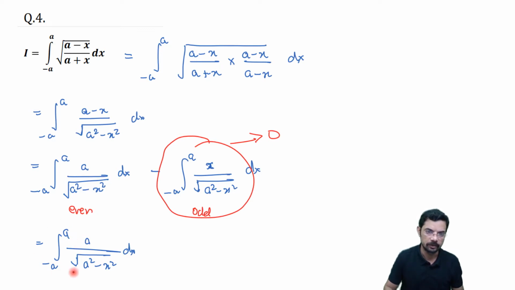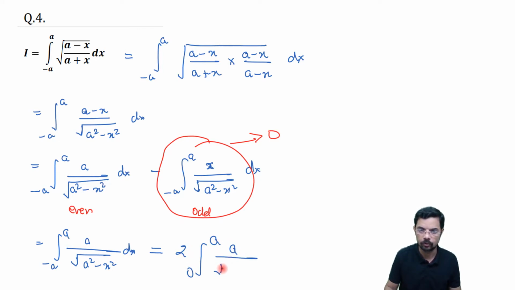Now what remains is this part. Now this is an even function. So when it is an even function, what to do? It will be equal to 2 times integral from 0 to a of a by root of a square minus x square.